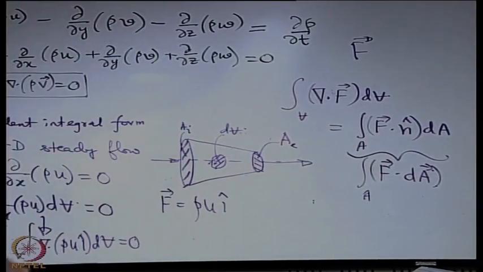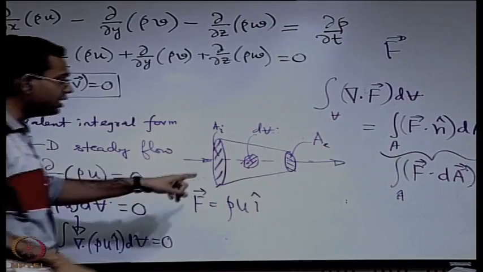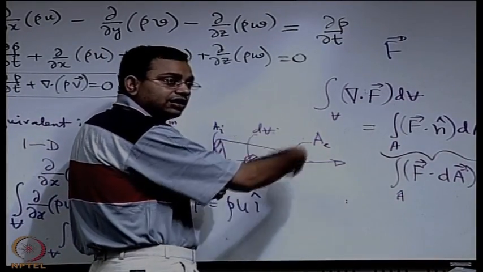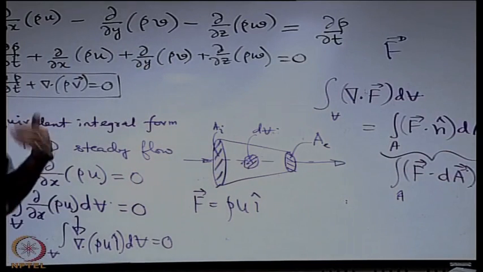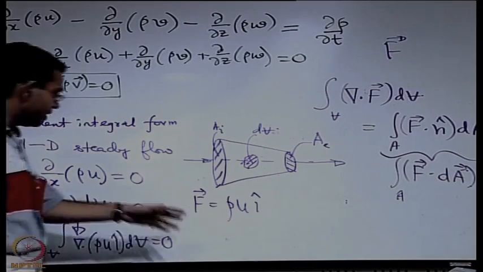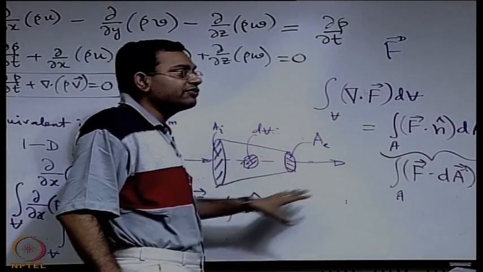When we are writing this in terms of an area integral, that area integral should consider AI, AE and the lateral surfaces also. Lateral surfaces will not be important in the end because there is no flow across those surfaces. So those are irrelevant from flow computation considerations, but fundamentally it is the entire surface that is bounding the volume.